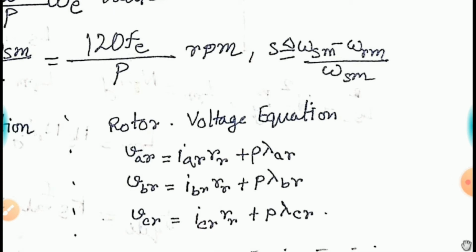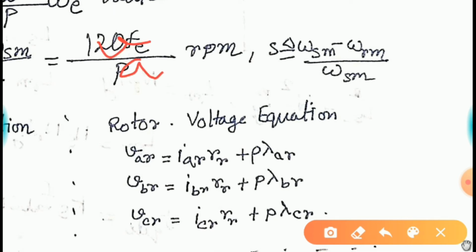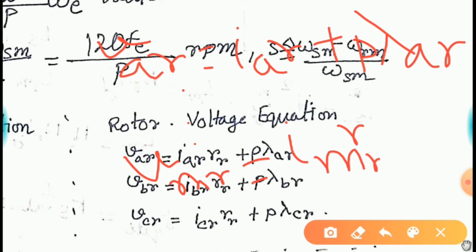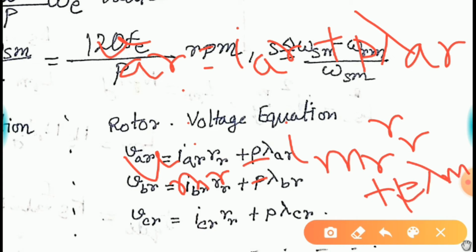In case you have four or say m number of phases in your rotor, the equation should be modified like this, and if the last phase is m, then you should continue till PMR is equal to IMR RR plus p lambda MR, right?